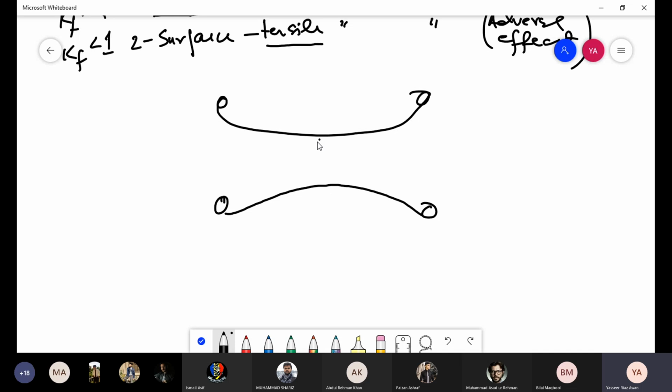You would apply some force and plastically deform it to take it into its final shape.